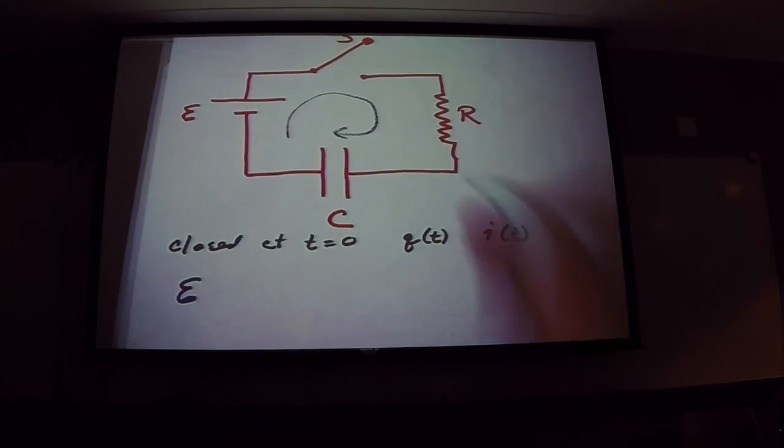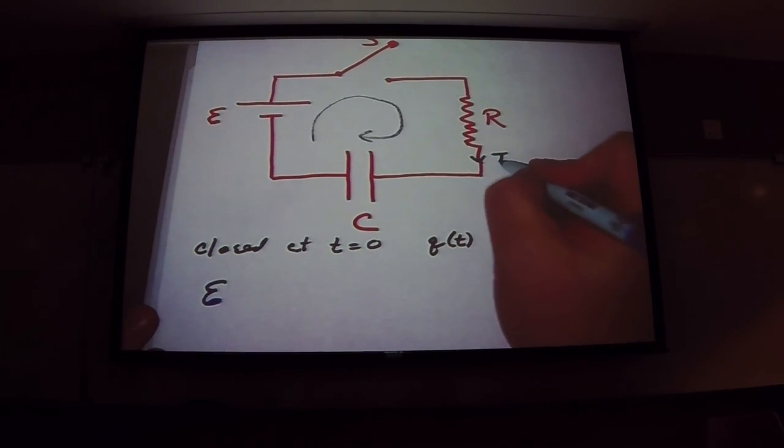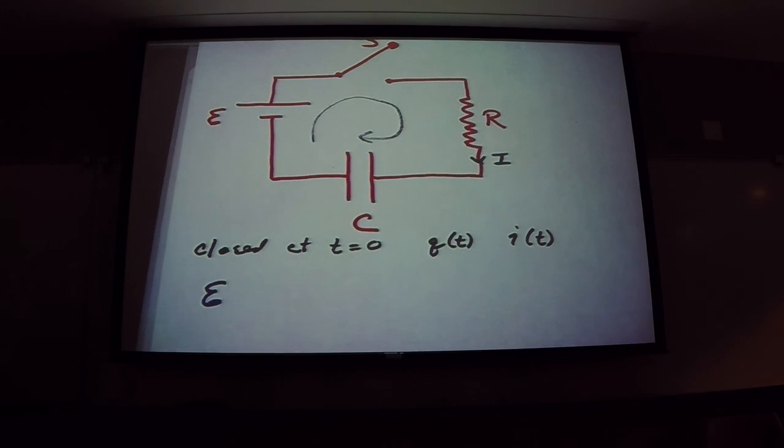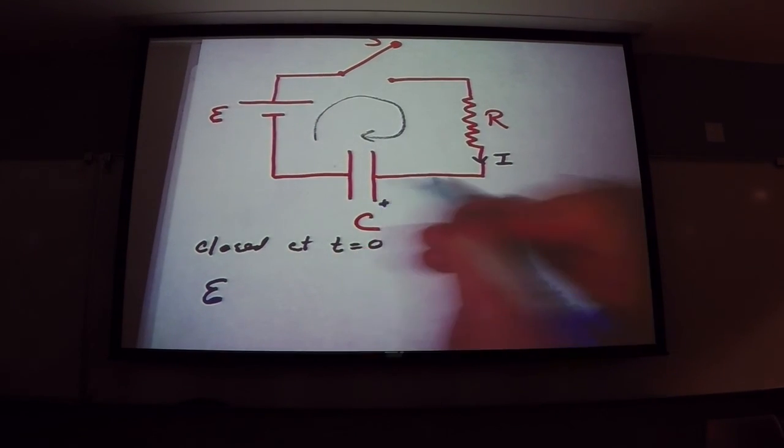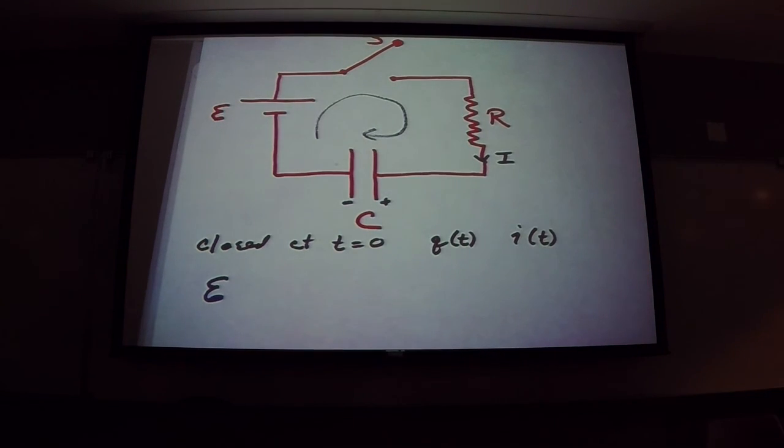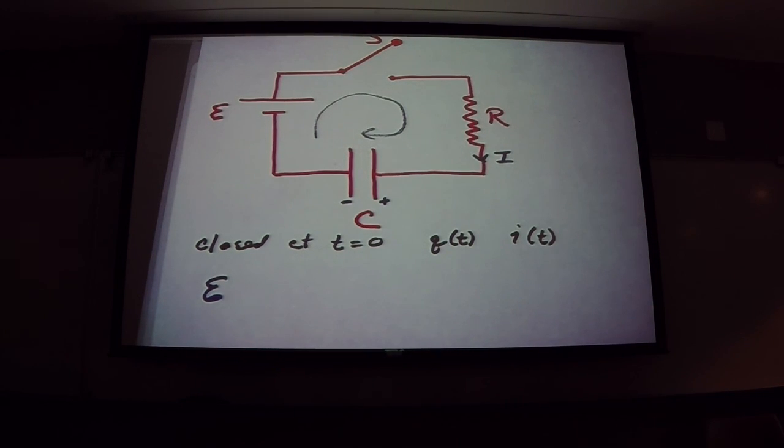The current in the circuit will flow through here. And on the capacitor, there will be a positive charge here and a negative charge here. This will help us deal with the other two circuit elements. When we talk about the voltage across the resistor, our loop is going in the direction of the current.